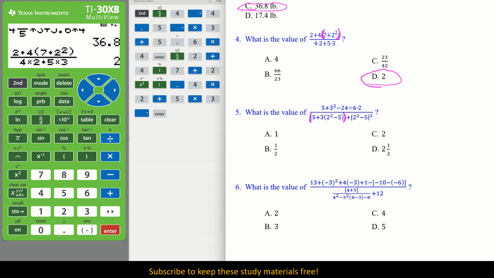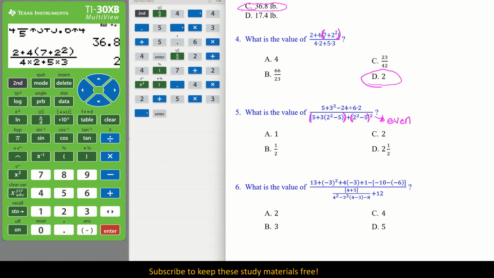Any even power always just makes everything positive anyway. So the fact that there's an absolute value doesn't matter. We can use parentheses because this is even.